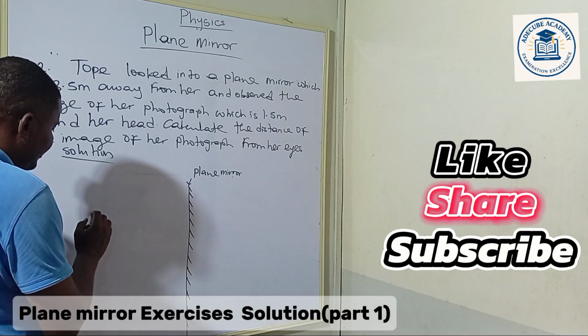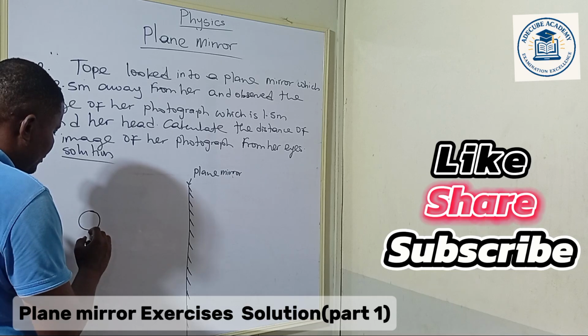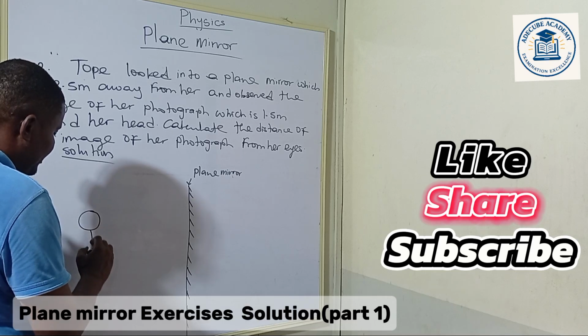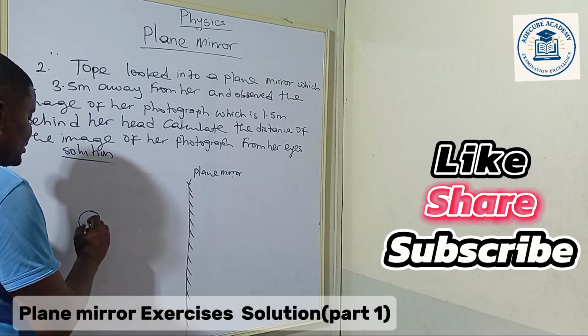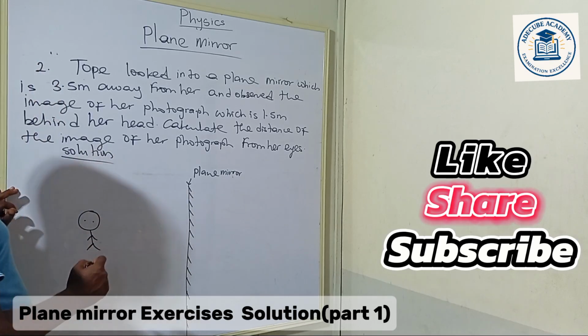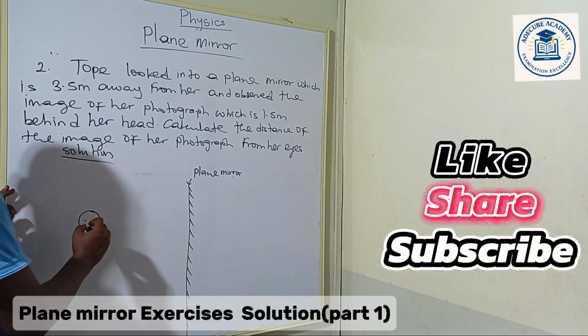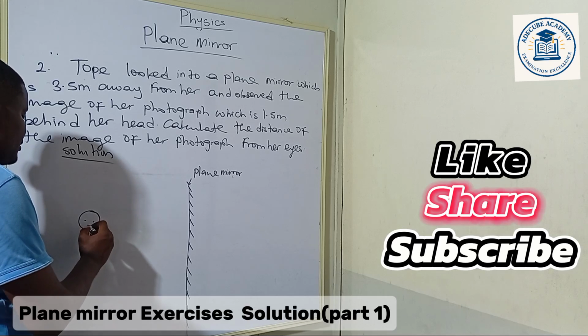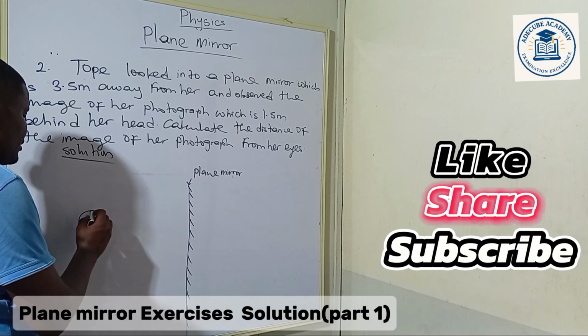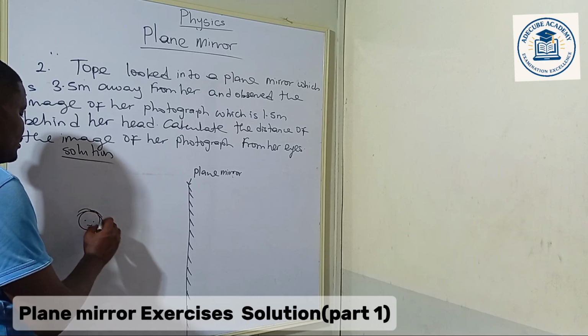This is Topper. Sorry, if your name is Topper, please, this is just a question that I'm solving. I'm not using this to represent you. Now, this is Topper, of course. She's a girl, so there is hair on her head.